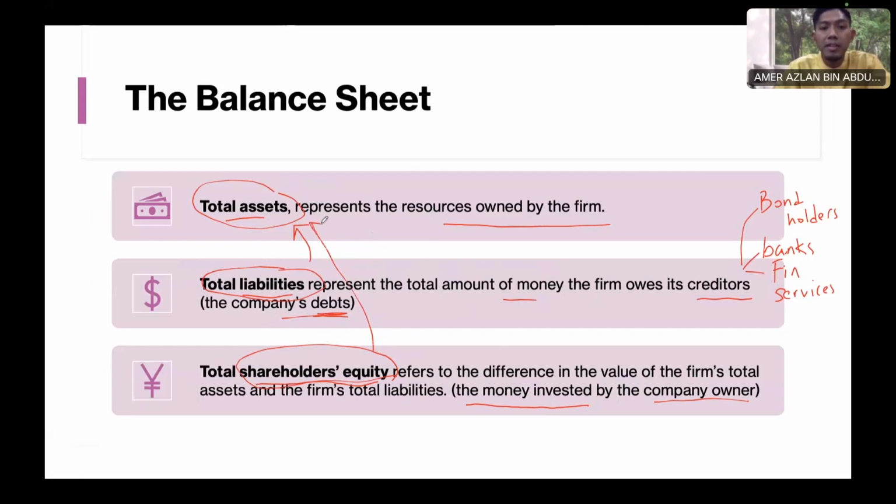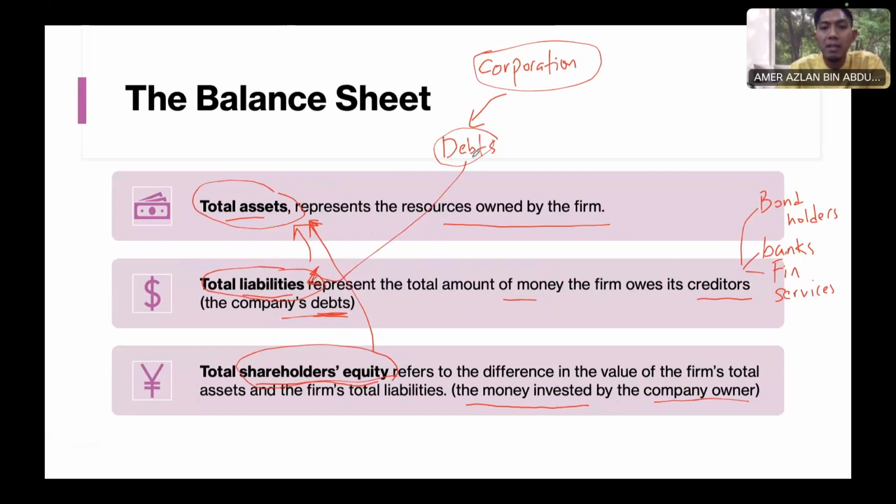to finance these assets. As I mentioned in the previous chapters, what are the sources of capital a corporation can get? The first one, they can get it from debt, which is the liabilities.